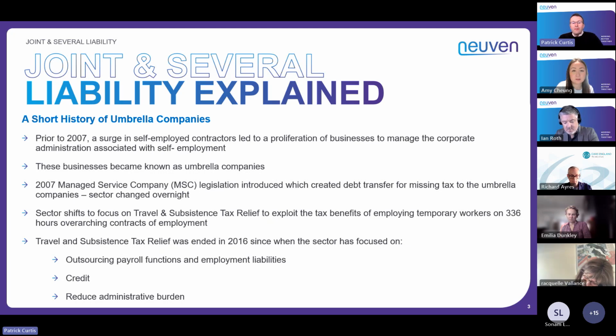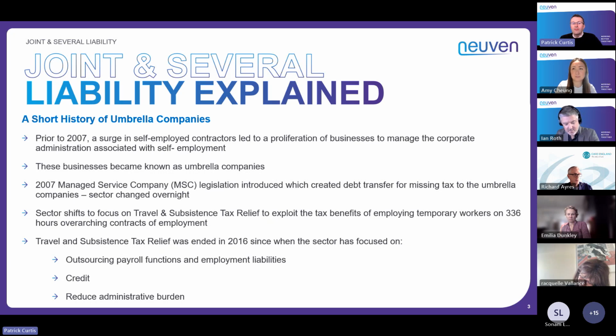In 2007, the government changed the law because it was unhappy with the tax efficiency with which this was being done, and was concerned that these self-employed contractors and umbrella companies were leading to a deficit in tax take.